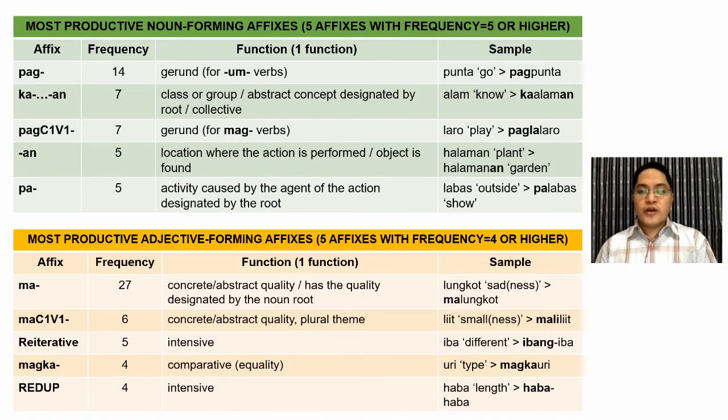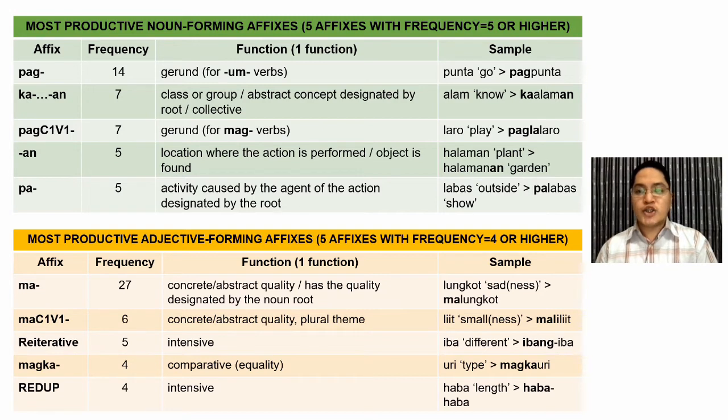On the other hand, the two tables demonstrate that the noun and adjective-forming affixes have a very skewed distribution of frequency counts, with 14 for the most frequently used noun-forming affix pag, then followed by the circumfix kaan and prefix pag C1V1 with just 7 each.